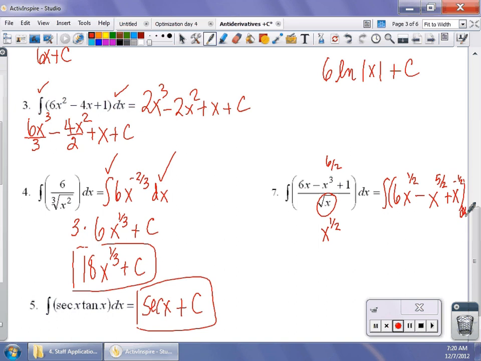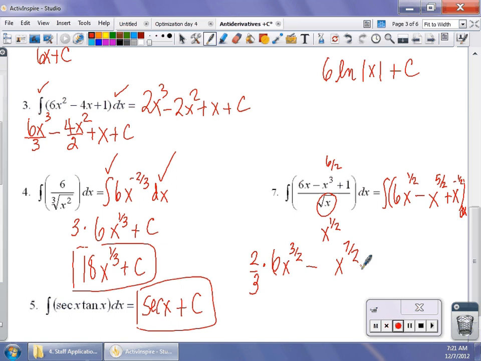Reversing the power rule, for each term, I'm going to increase the power by 1, so I get 6x. If I increase by 1, I'll add 2/2, which gives me 3/2. Dividing by 3/2 is multiplying by 2/3. Minus, increase the power by 1, so if I add 2/2 to 5/2, I get 7/2.